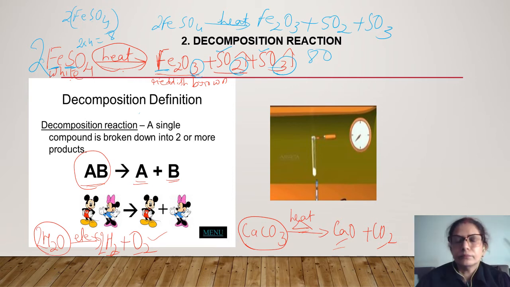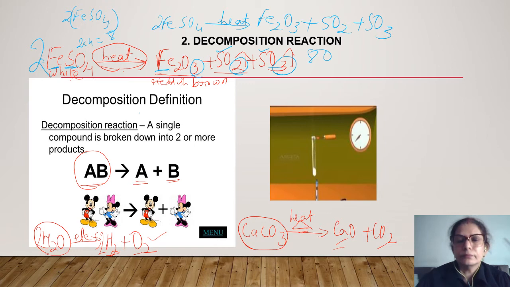Take a small quantity of ferrous sulfate crystals, FeSO4·7H2O, in a dry boiling tube. Hold the boiling tube with a test tube holder. Heat the boiling tube over the flame of a burner. On heating, ferrous sulfate crystals lose their water molecules and form white-colored crystals of anhydrous ferrous sulfate, FeSO4.